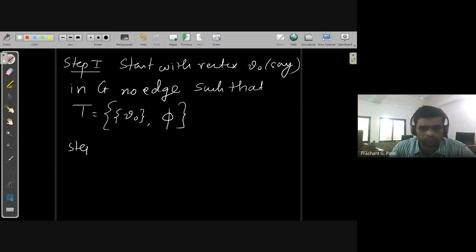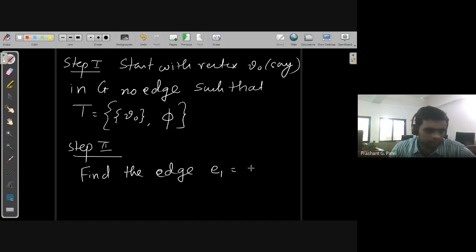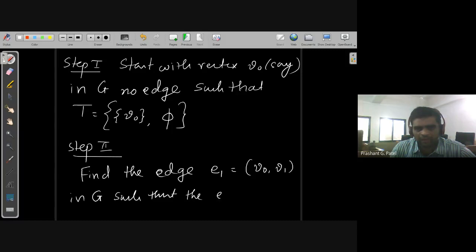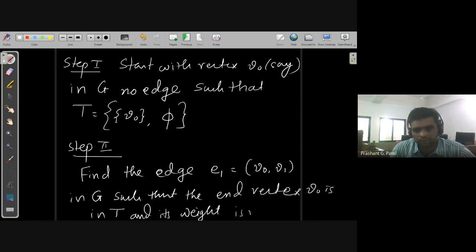Step number 2. Find an edge E1, that is V0, V1, in G such that the end vertex V0 is in T and its weight should be minimum.